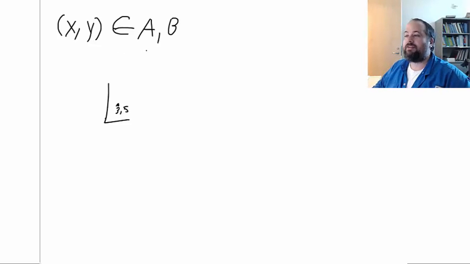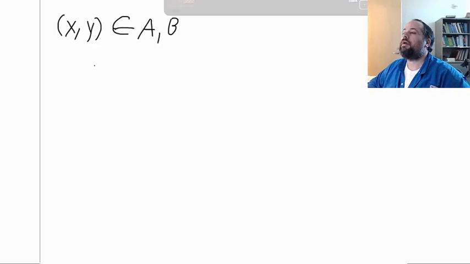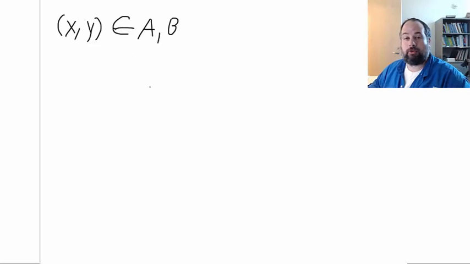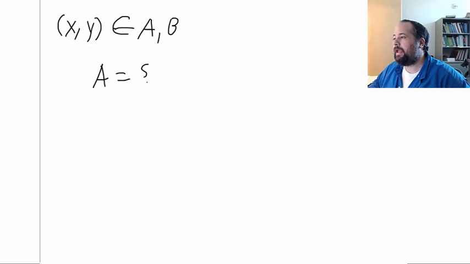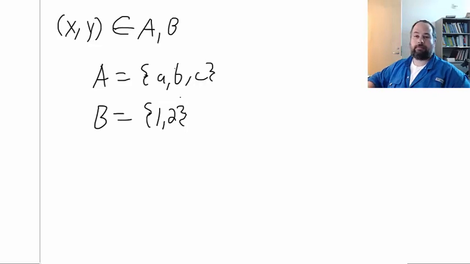In that case, A is the set of integers and B is the set of integers. So they're the same, so it's pretty simple. More commonly with what we're going to be doing, A and B are different sets entirely. So A might be A, B, C, and B might be 1, 2, right? So they're two totally separate sets.